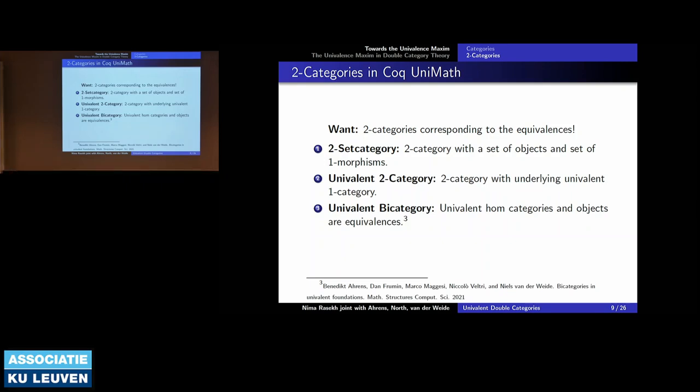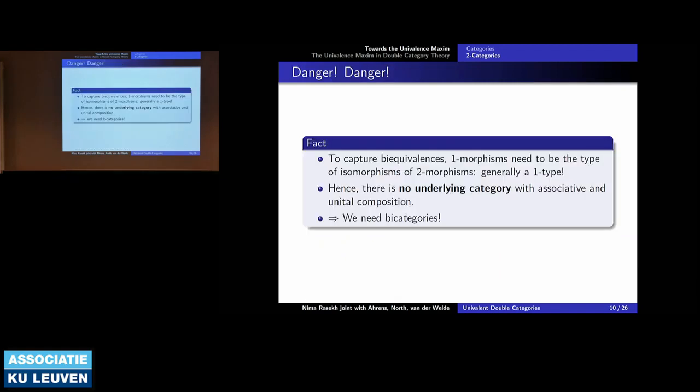But notice here something funny happened. In the first two cases, I have two-categories. In the last one, I mentioned a bicategory. I don't get a two-category anymore. I have to relax the structure. And it's not too hard to see why. In order to define my univalent structure here, I need the fact that my one-morphisms are the isomorphisms of my two-morphisms, when I think of it as a Hom category.